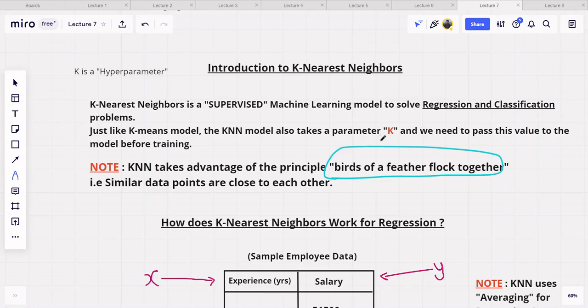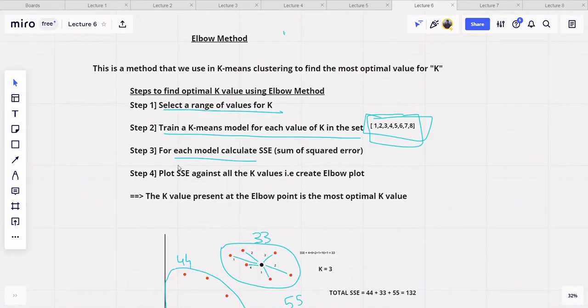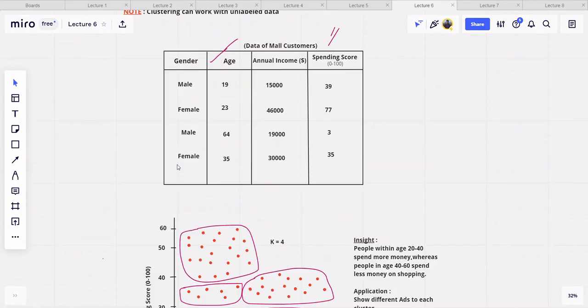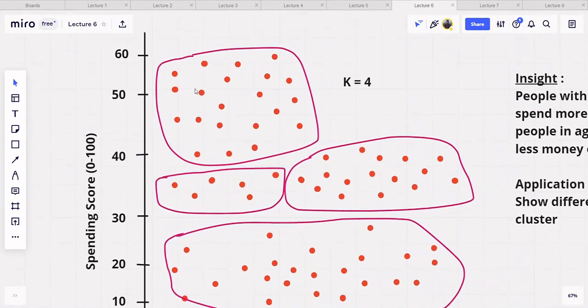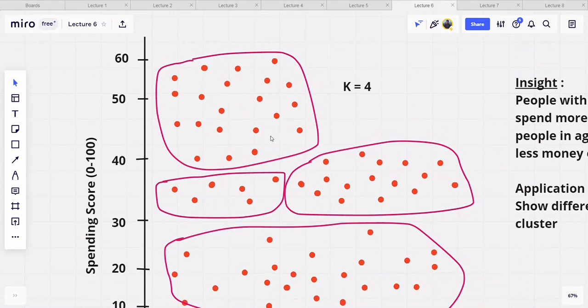So basically, KNN takes advantage of data points being close to each other. For example, in k-means clustering, we saw that data points belonging to a particular cluster have similar characteristics. They are very close to each other, and maybe they have very similar values.